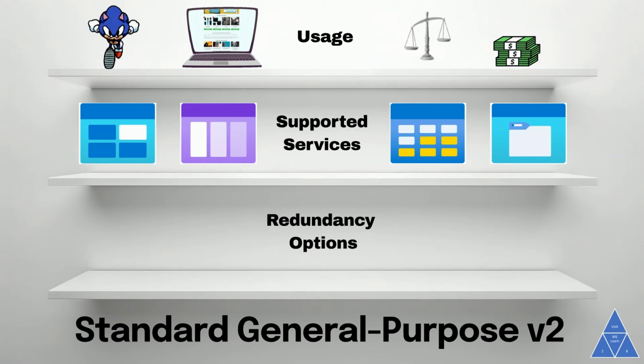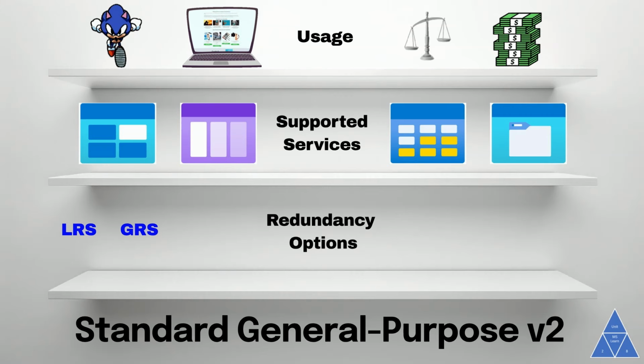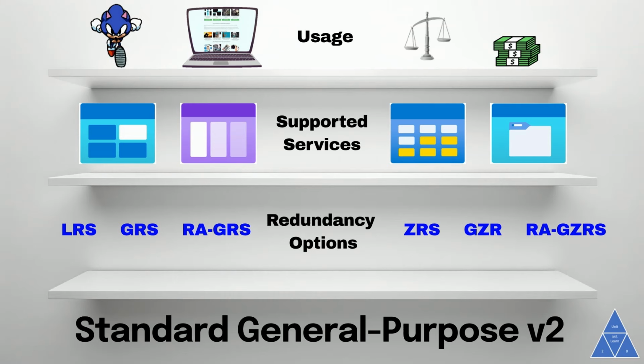The redundancy options, well, there's a whole bunch of redundancy options for Standard General Purpose v2: LRS, GRS, RA-GRS, ZRS, GZRS, RA-GZRS.